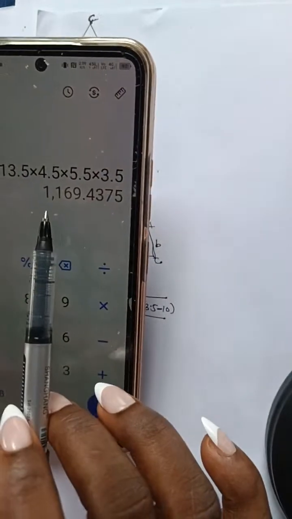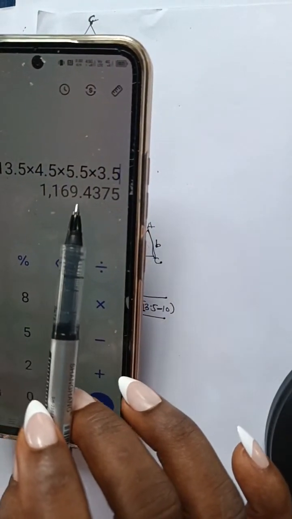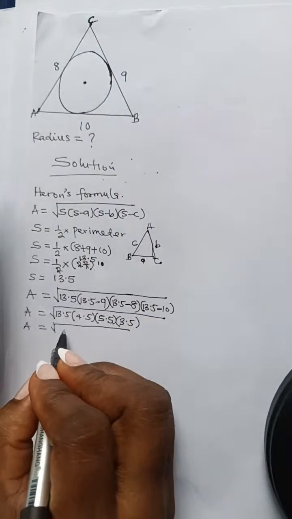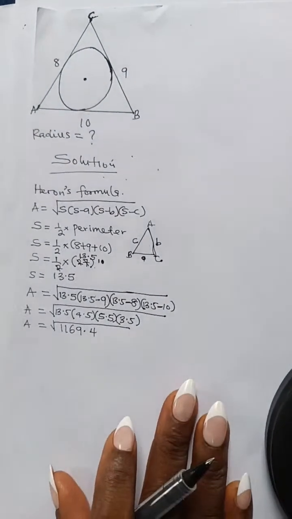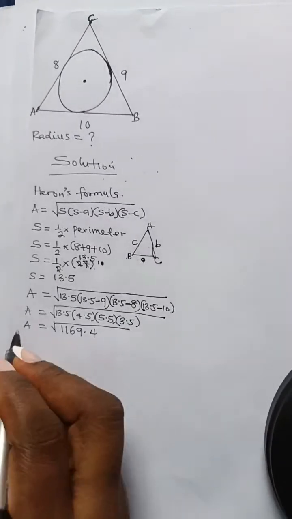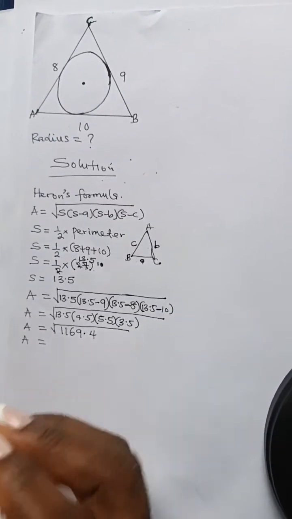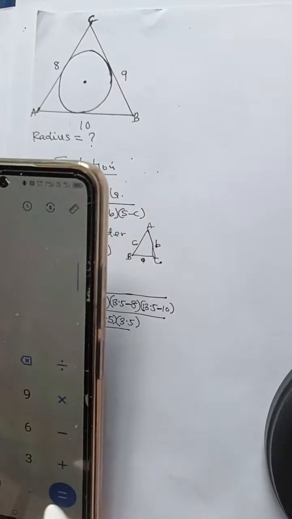So what we have is approximately 1169.4. So this is the square root of 1169.4.